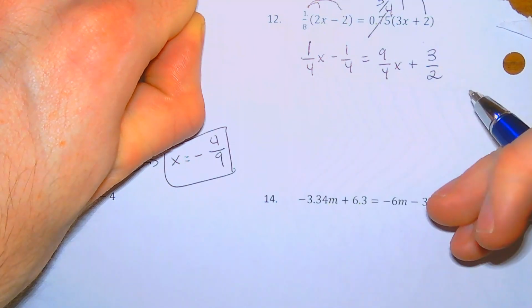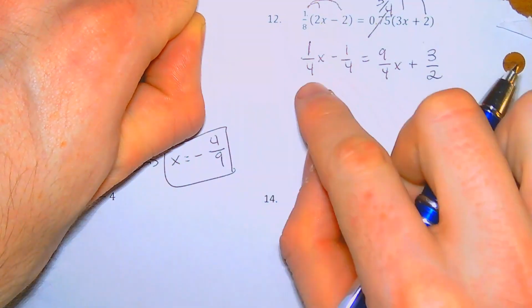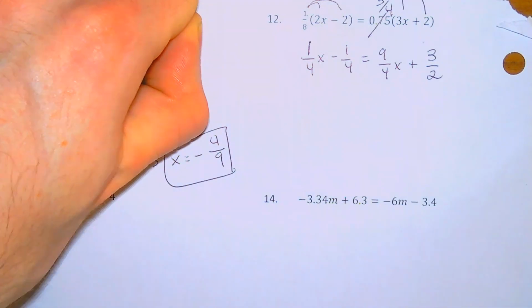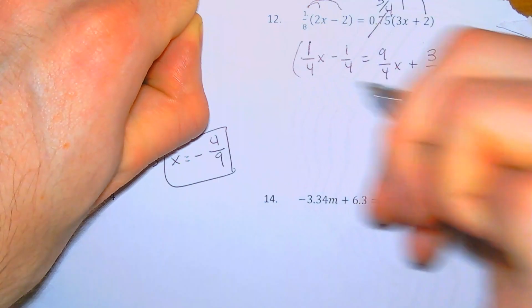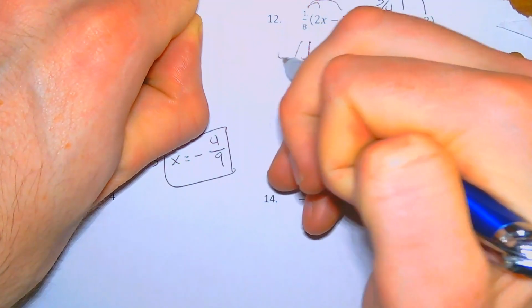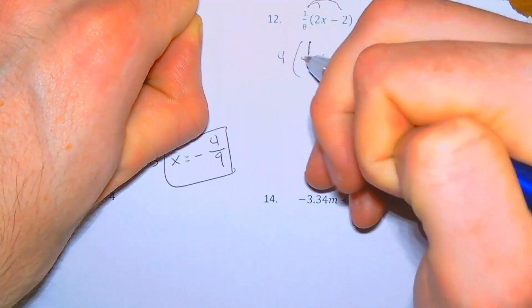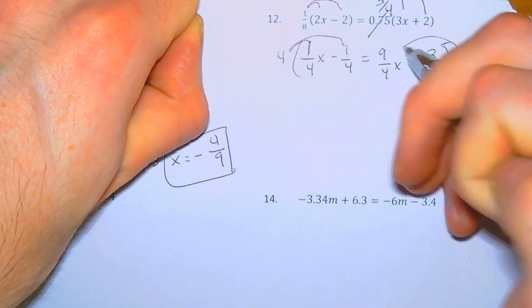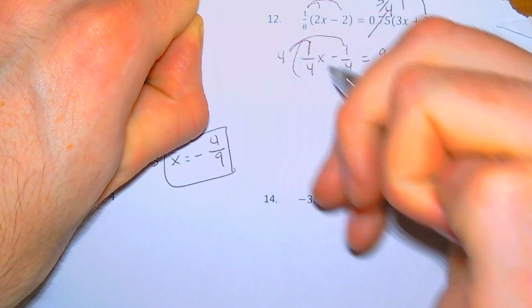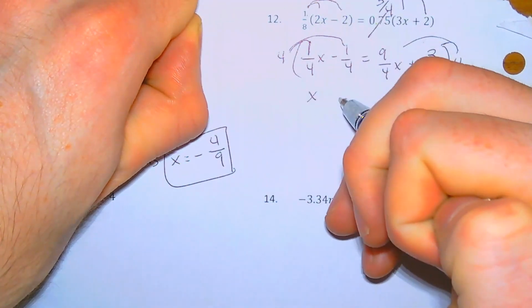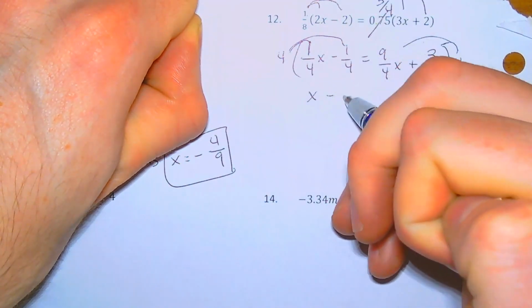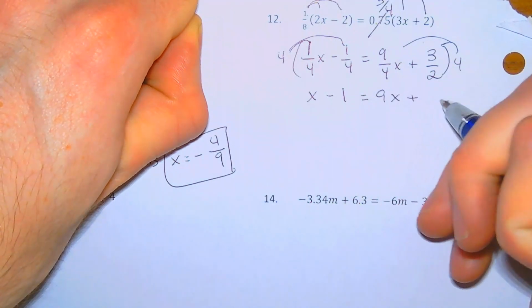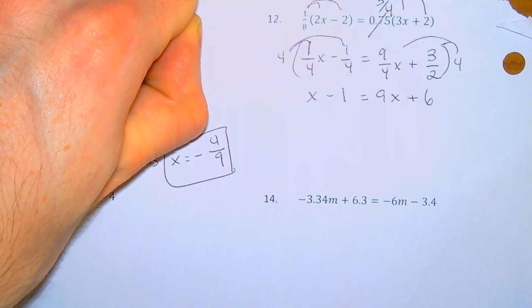Once again, we don't want to deal with these fractions, so we're going to get rid of them by taking care of the 4's and the 2. 4 goes into 4, 2 goes into 4. Okay, so surround your stuff in parentheses, put 4 out here, you're going to multiply through. Okay, 4 times 1/4, that's just x, or 1x, minus 1, equals 9x plus 6. Okay?